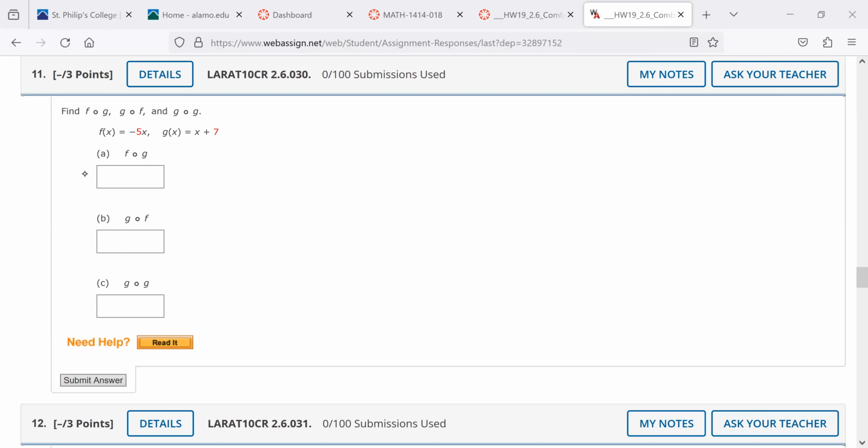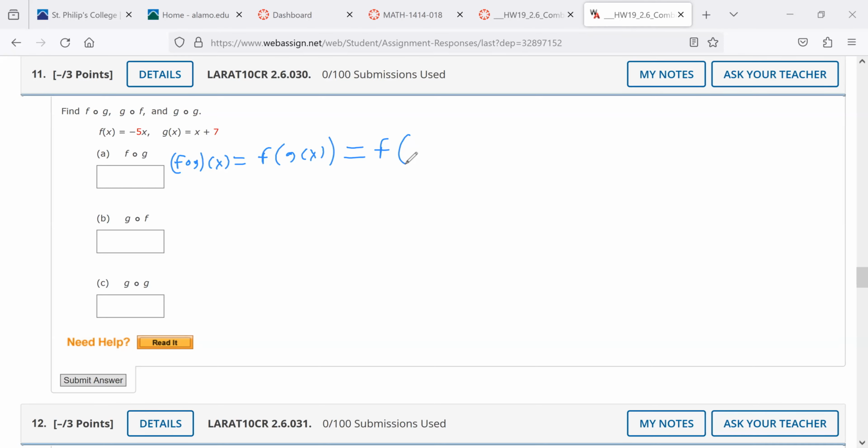So find f of g. This means, again, compose F and G. In other words, plug in the G into the F.